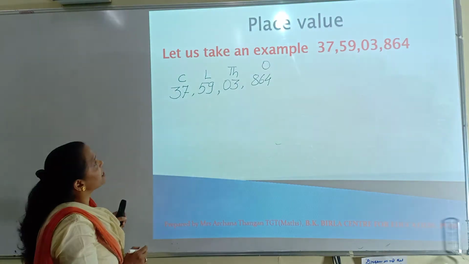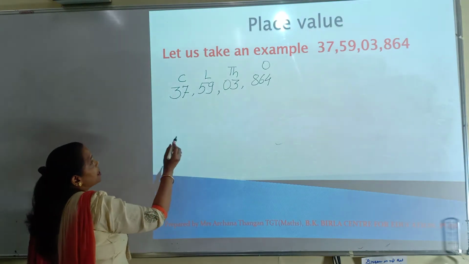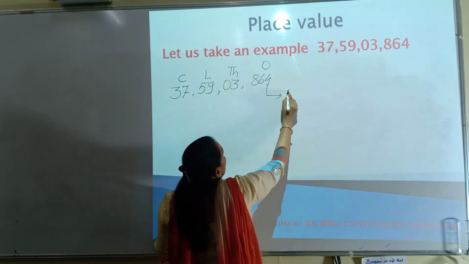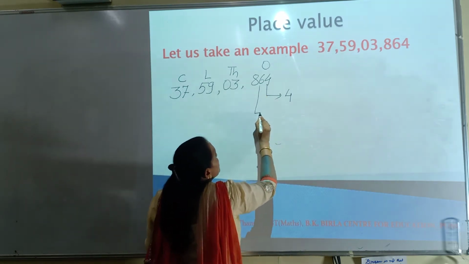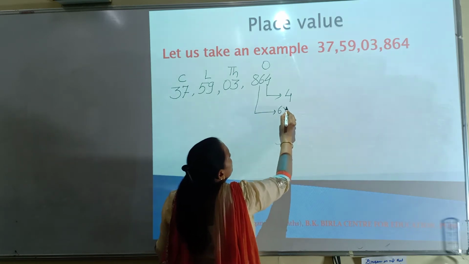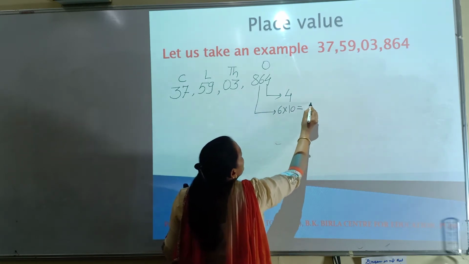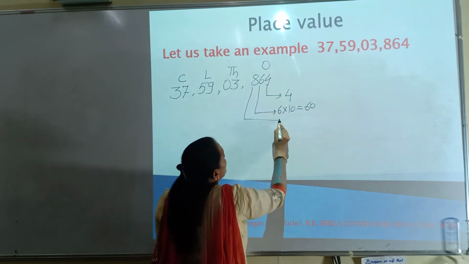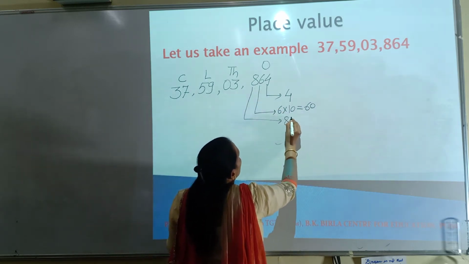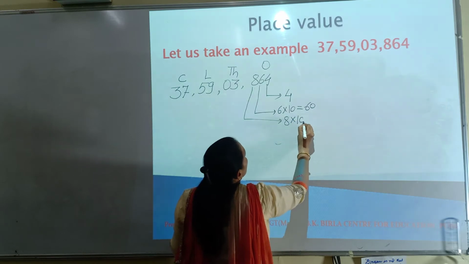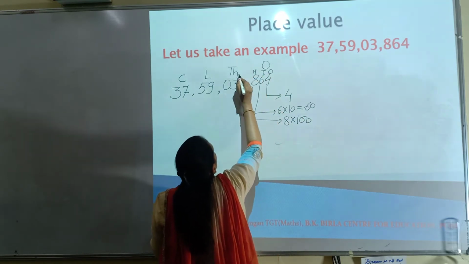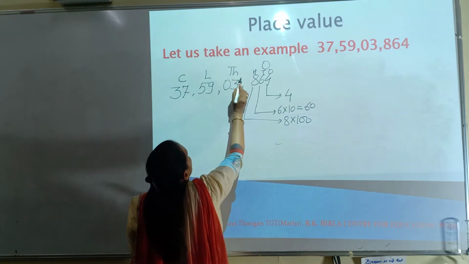How to write the place value of each digit? 4 is in ones place, so its place value is 4. 6 is in tens place. 6 multiplied by 10 is 60. Then 8 is in hundreds place. First we can write the places also, it's easy to write.